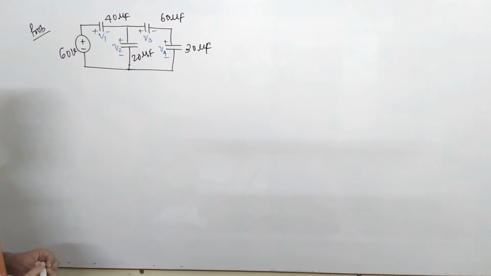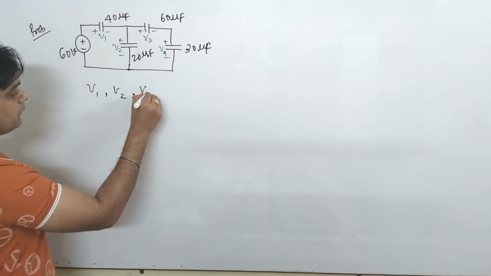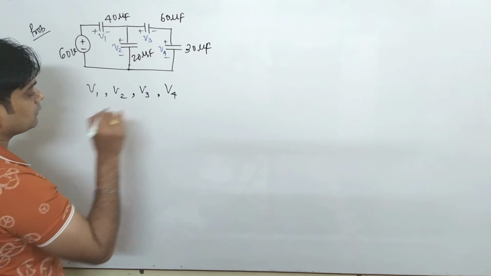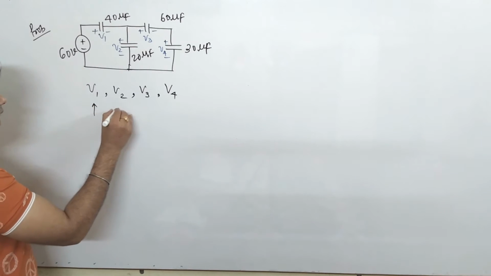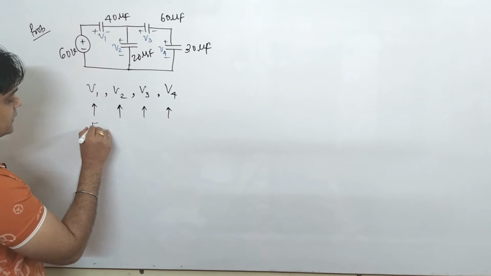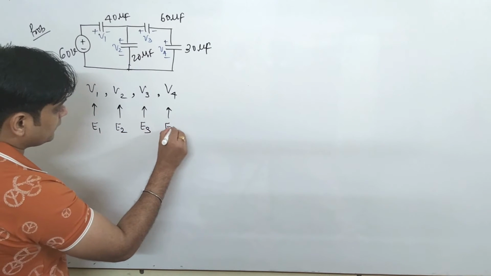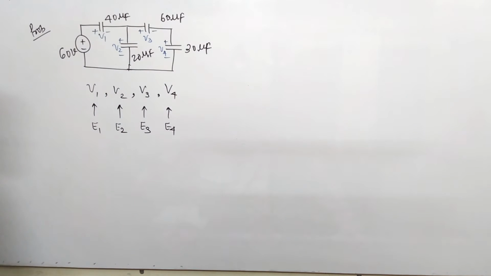Now friends, this is our next problem. In this problem you have to find the value of V1, V2, V3, V4, and then you have to find the value of energy, that is E1, E2, E3, E4 across all the capacitors.